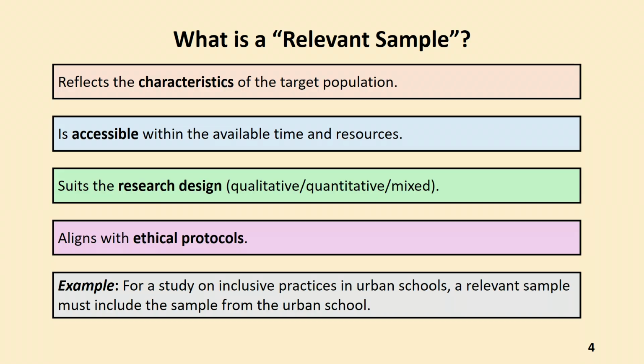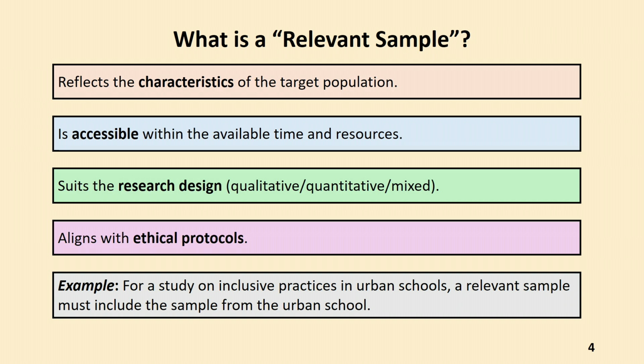And sometimes when you select a sample, always remember, it is not a matter of right or wrong. It's a matter of relevancy. It's a matter of appropriateness. It's a matter of suitability. Whether your selected sample is relevant to the intent of the research or not.